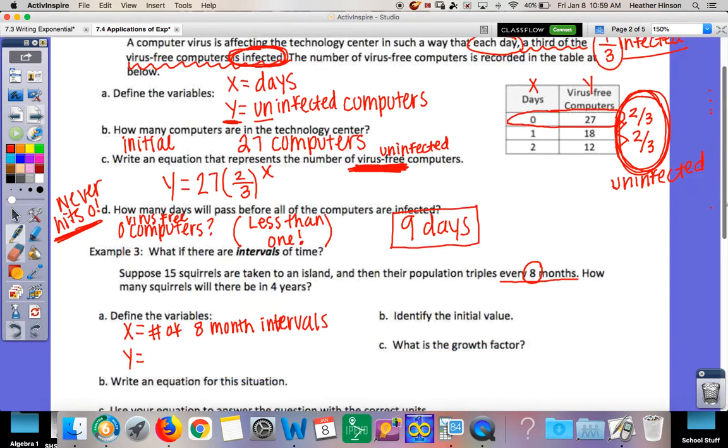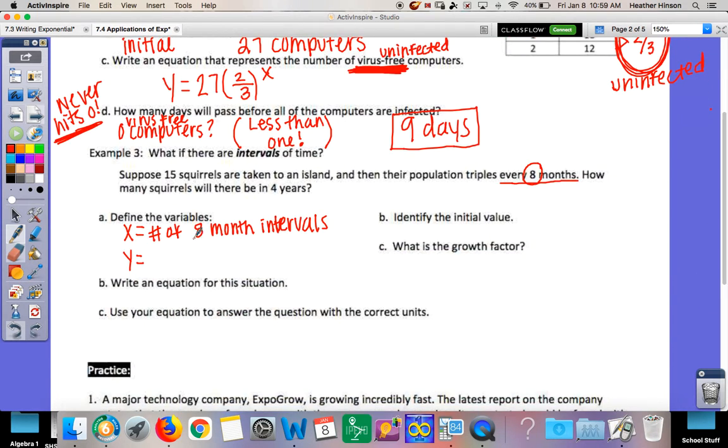This is very specific that it's 8 months, so we have to be specific and use 8 months. And what's happening every 8 months? What's changing? The squirrels, their population's tripling. So this is our total squirrels every 8 months.